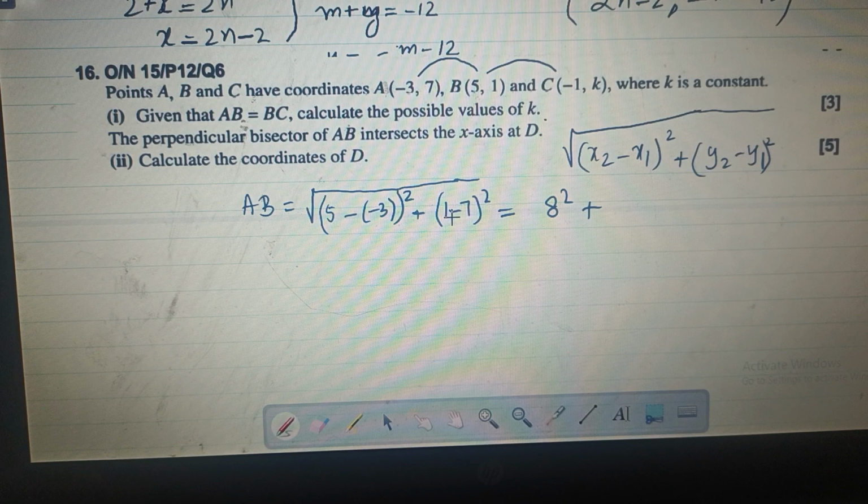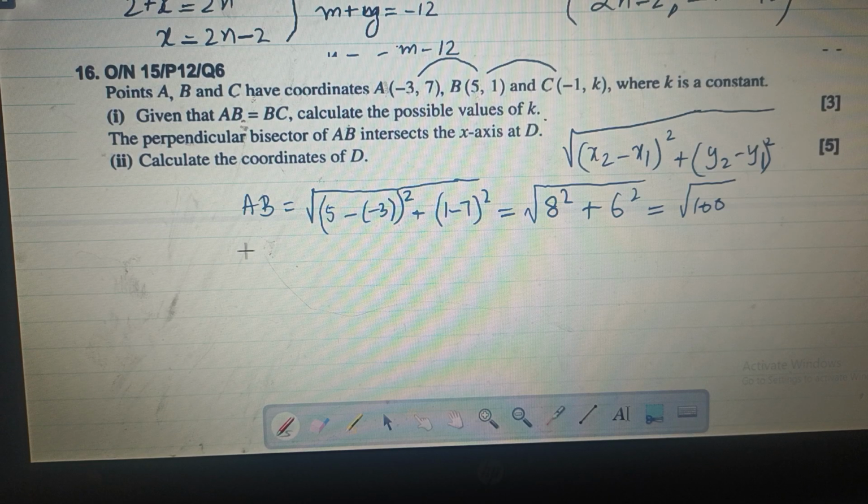An even power ignores the minus sign. Then 6 square will come as 36. I'm taking under the square root 64 plus 36, 100. So I'm taking root 100 as my AB. I know this is equal to 10, but I'm taking it as it is. I'm not taking the square root here.